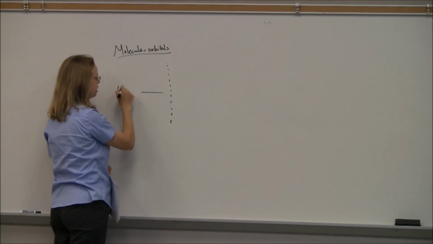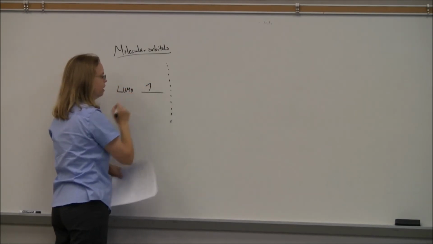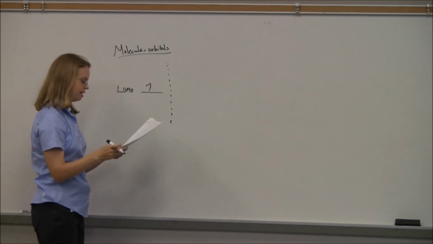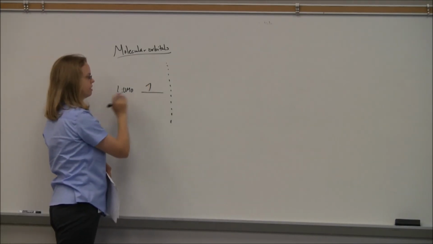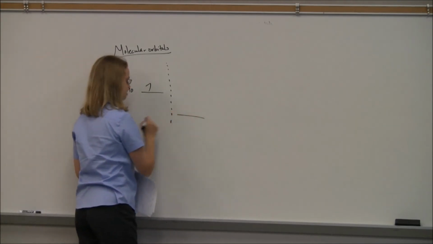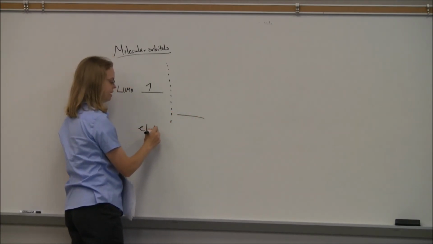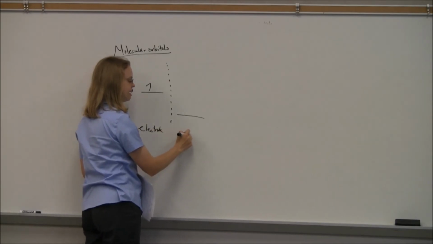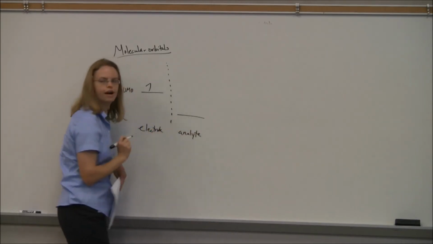This, I guess, is my LUMO. So I have my electron that starts in a reaction. On this side of my diagram is my electrode, and on this side is my analyte, whatever I'm trying to do.